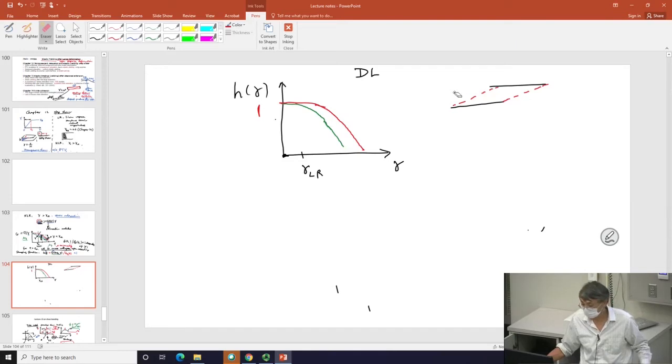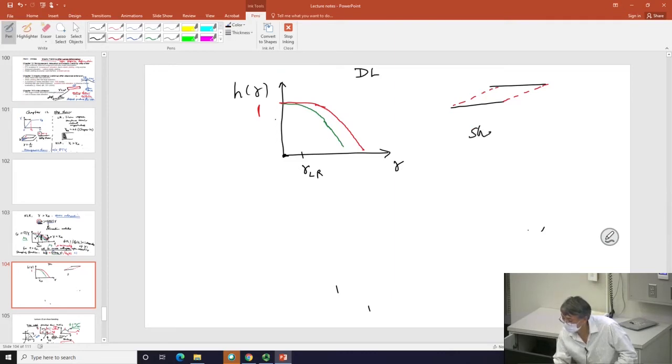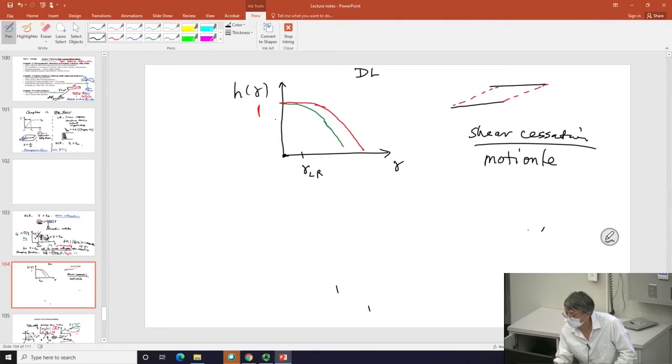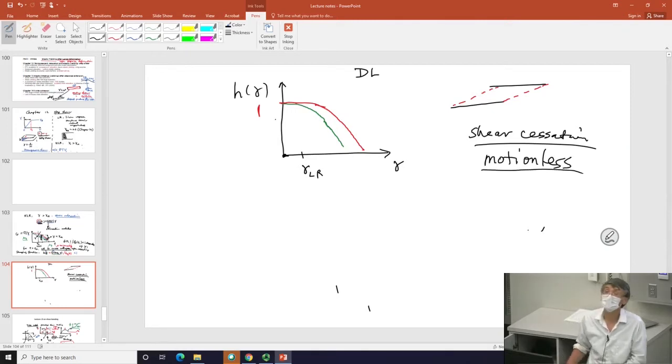I pretend because nobody teaches me otherwise. Nobody tells me after the shear session, I know I'm jumpy a little bit, but why not? After the shear session, everything should be motionless. For sure. We are so confident that this must be true. It should be motionless.